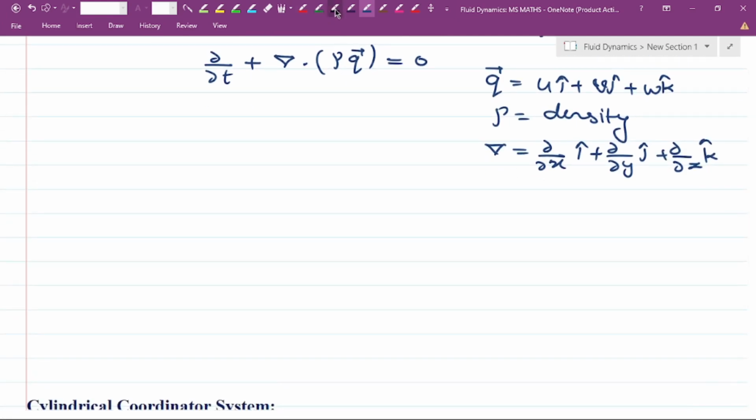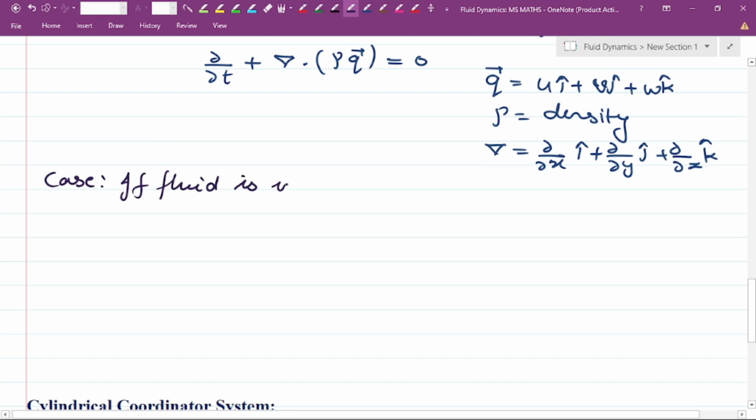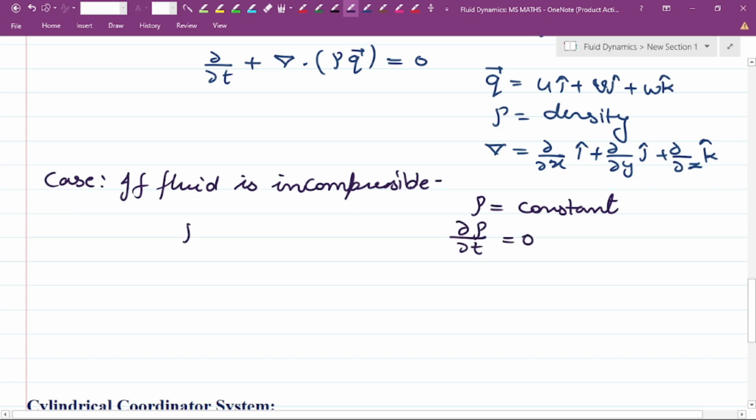Now a special case, case number 1: if the fluid is incompressible, then the condition is that the density is constant. Whenever the density is constant, ∂rho/∂t is equal to 0, so this term will be 0.